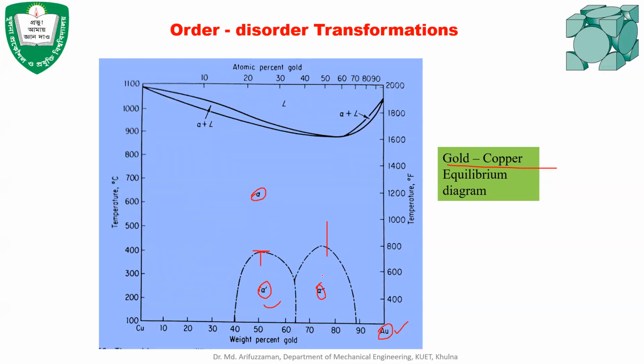So this is how the order disorder transformation takes place before reaching room temperature for the solid solution alloy.